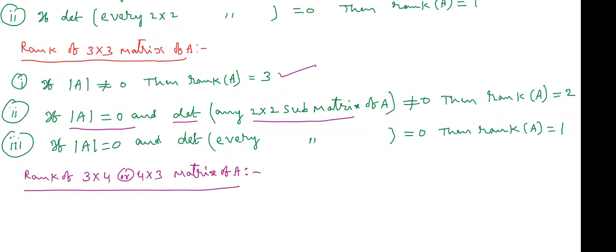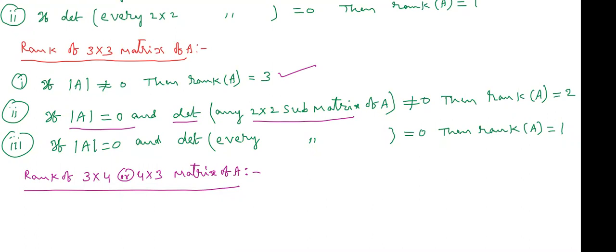So we need to convert the rectangular matrix into a square matrix. How is that possible? Delete one column, then we get a 3 by 3 submatrix of A.